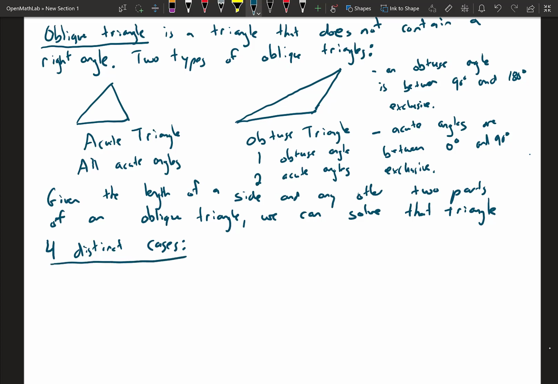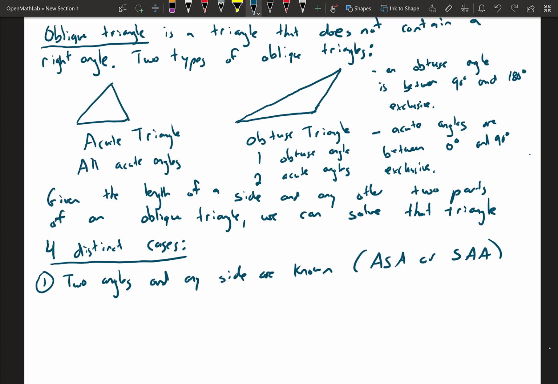We have to know at least one side and then two other parts. Those could be two angles, the two other sides, an angle and a side, and so forth. The first of the four distinct cases is if you know two angles and any side. We refer to that as angle side angle or side angle angle.